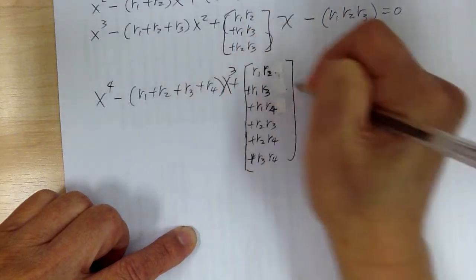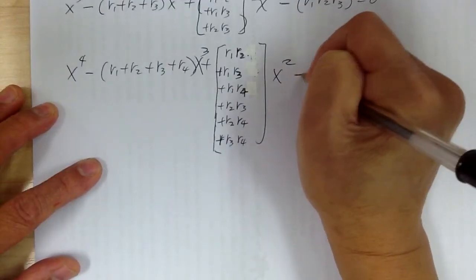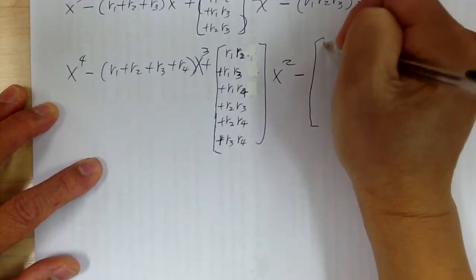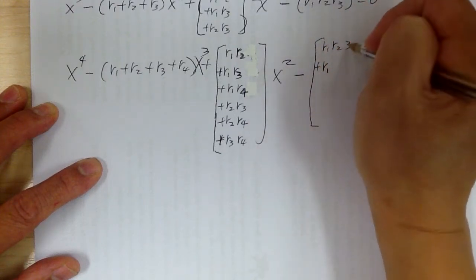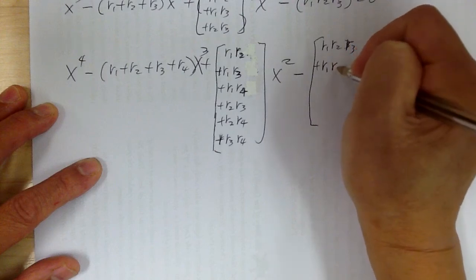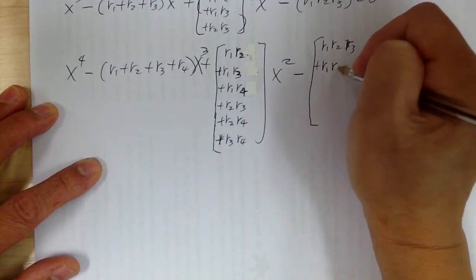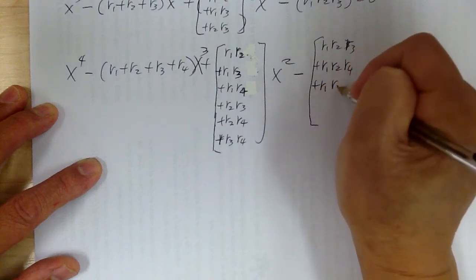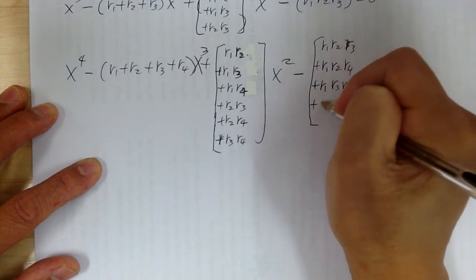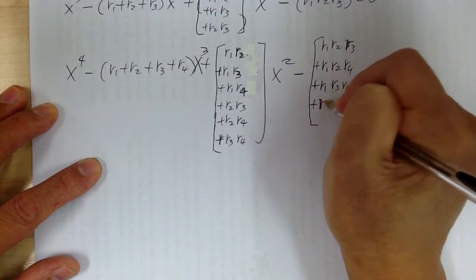This one is x cubed, x squared. Missing 3. Missing 2. It looks very complicated, but it's not. Okay.